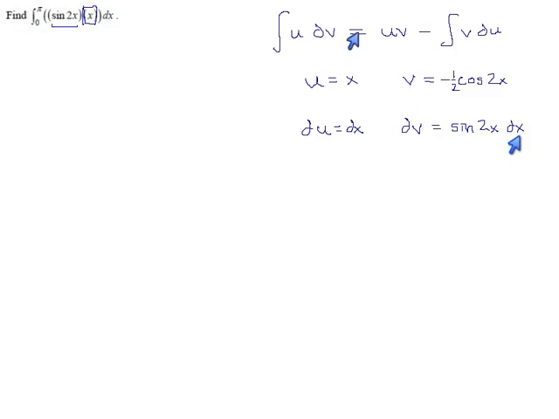So now that we have all those pieces, let's see what our new integral looks like. So we're saying instead of doing this, we can do uv, which would be, there's u, and v is minus 1/2 cosine 2x, minus integral v, which is minus 1/2 cosine 2x.